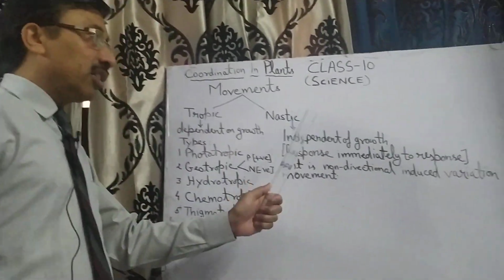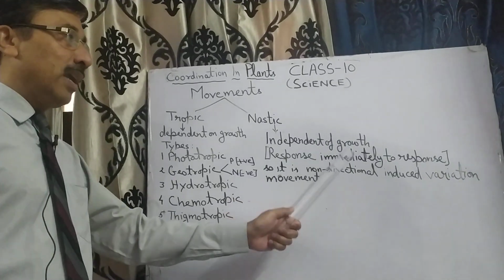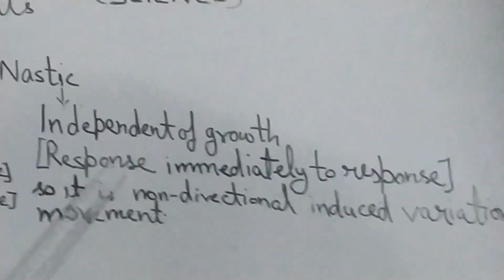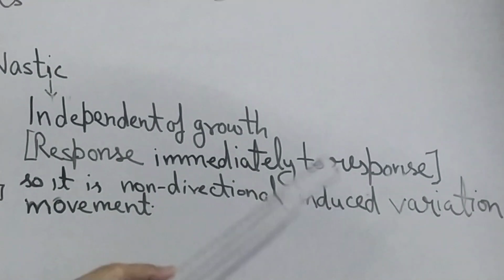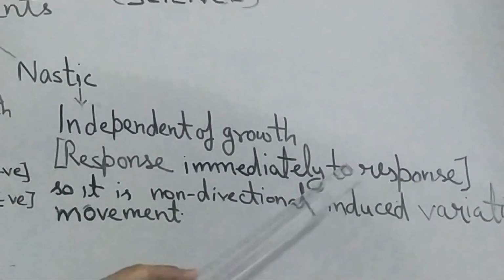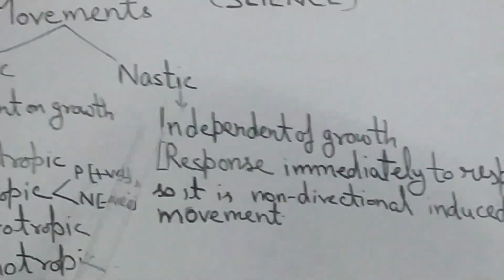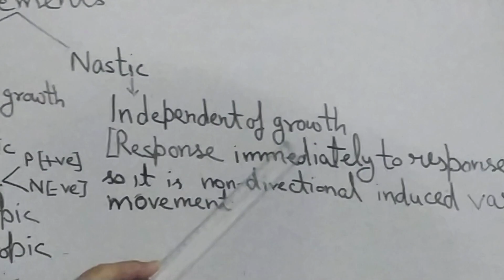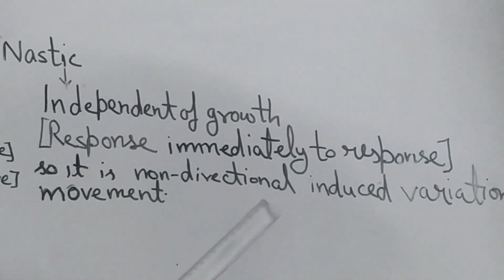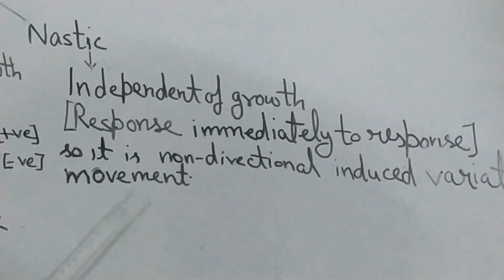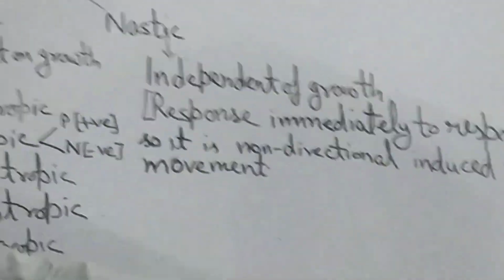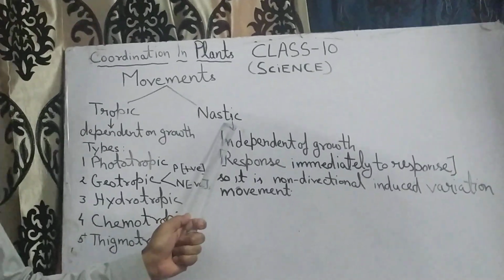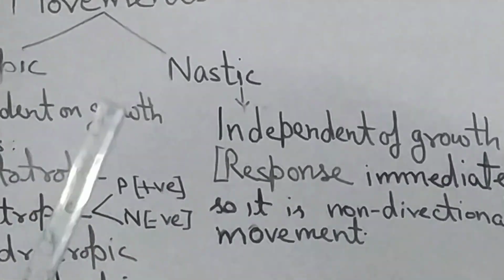So, the immediate response of the plant to any stimulus can be called nastic movement. This nastic movement, as I am saying, is independent of growth; it is a non-directional induced variation movement.